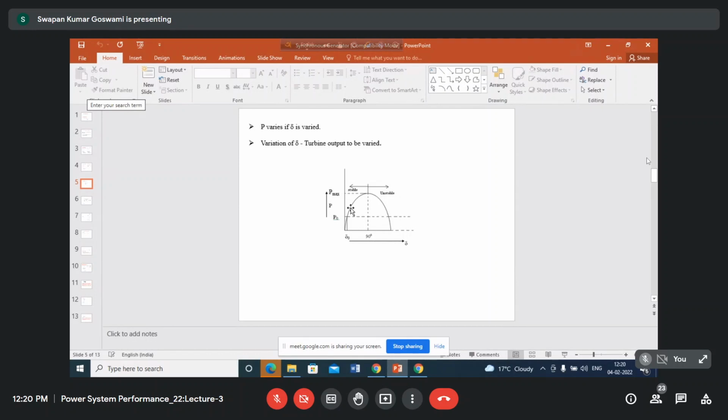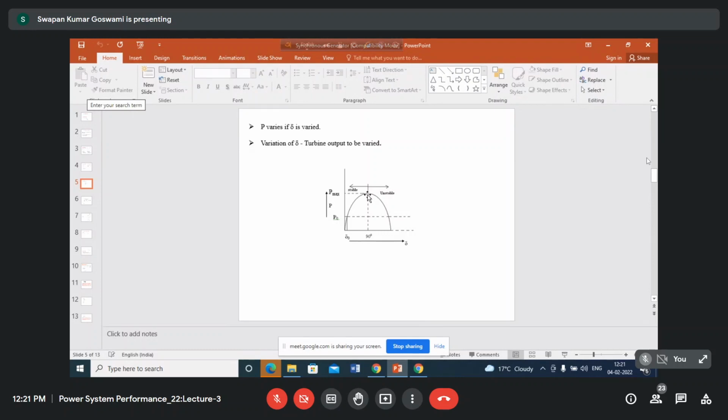But as it approaches the peak point, its ability to withstand oscillation will get reduced. So you have to increase the input very slowly, and if you can do that, you can reach this point. So this is the maximum power output position of the machine.